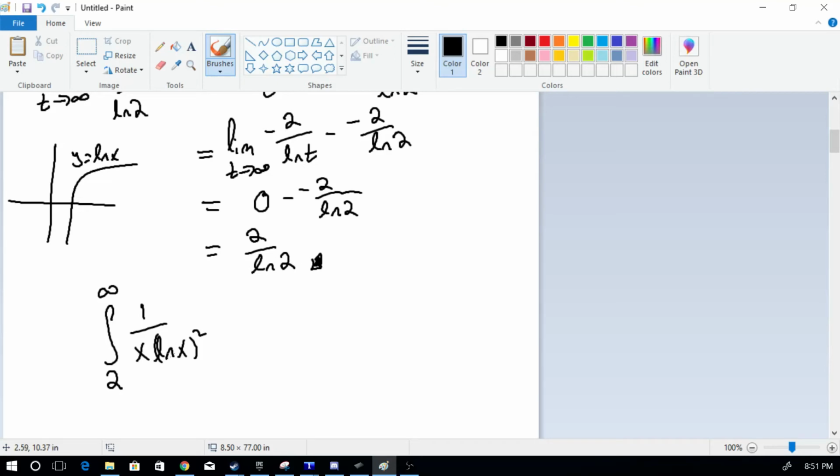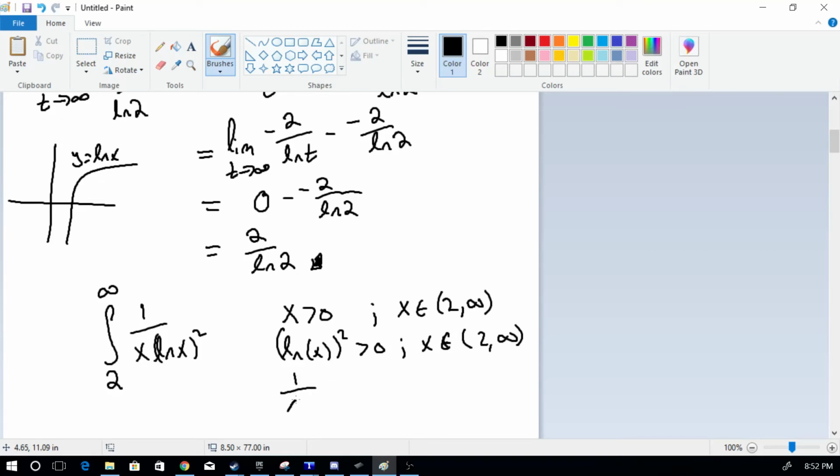Okay, so let's look at this. x is greater than 0 whenever x is in 2 to infinity. And natural log of x squared is going to be greater than 0 whenever x is on 2 to infinity.